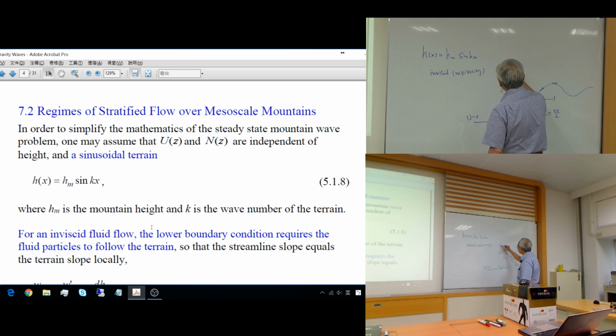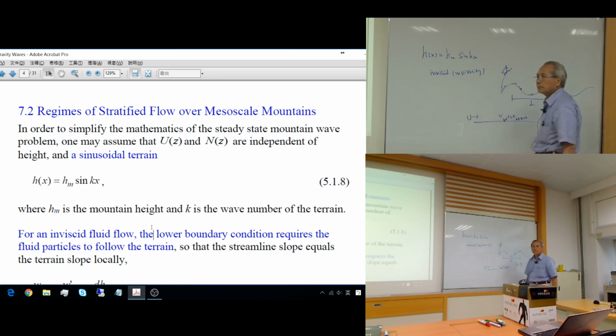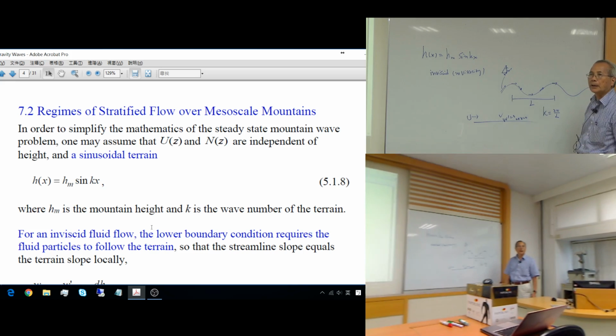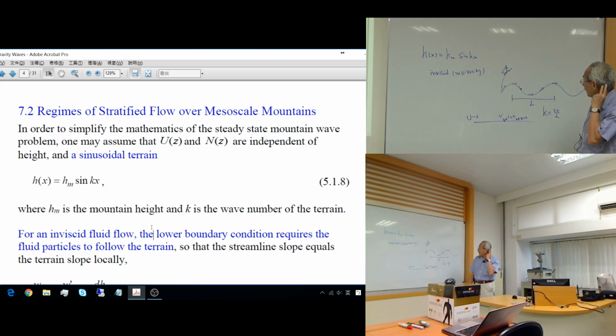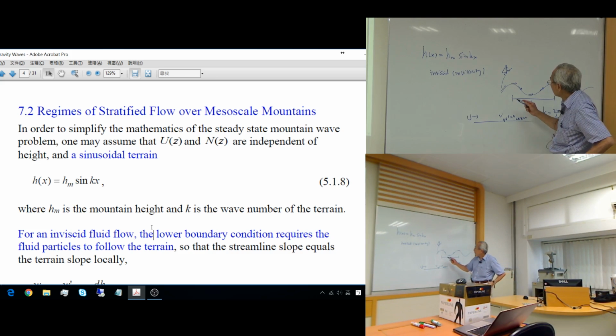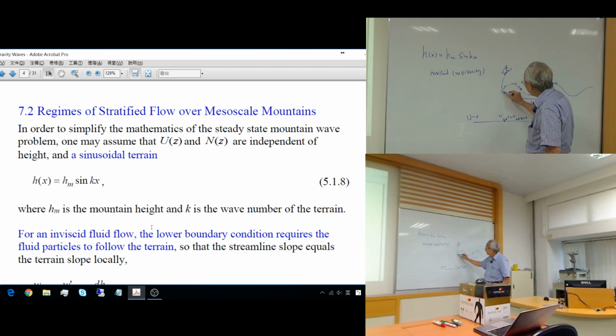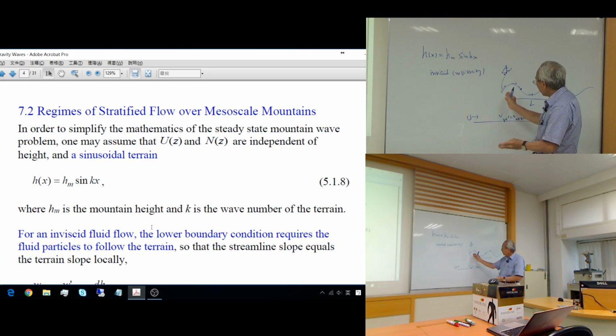This flow has two components, U and W. I'm talking about the perturbation wind, and that has to be parallel to the mountain. So what is parallel to the mountain?